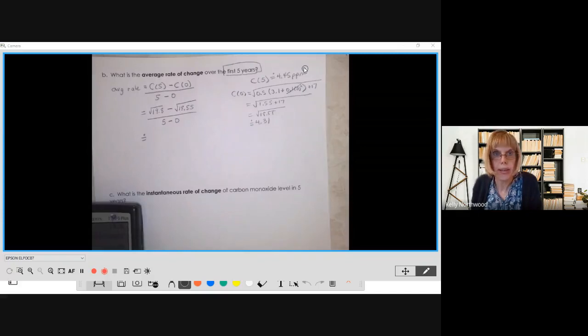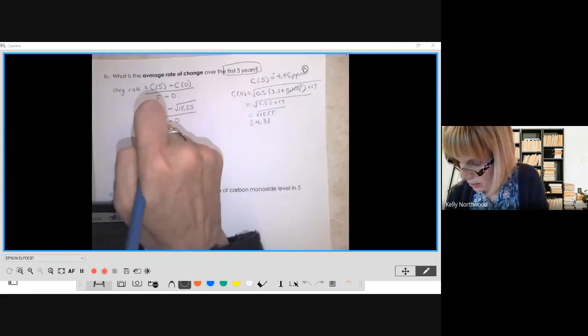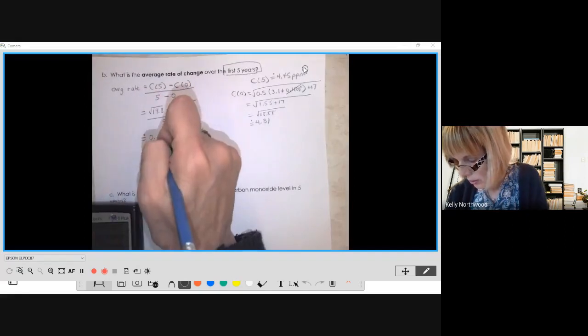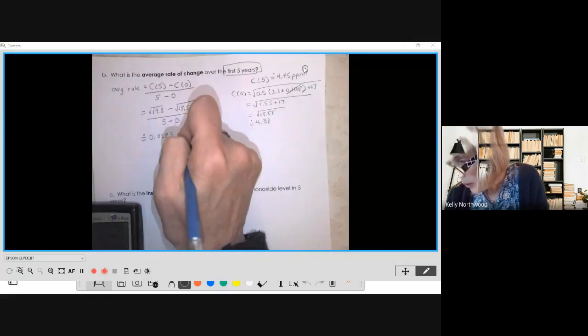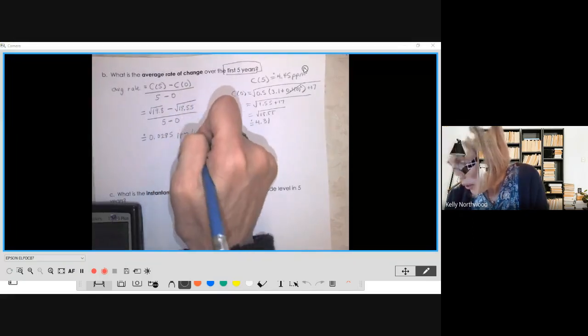Either way, you should get the same, approximately 0.0285 parts per million per year.